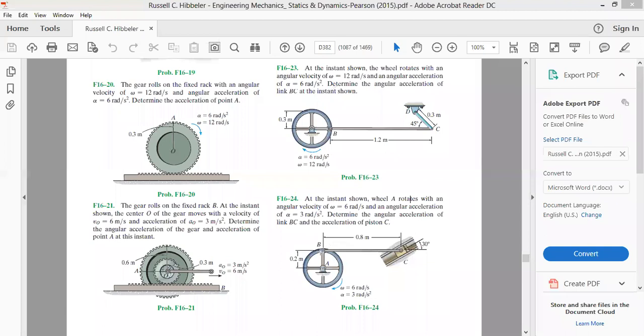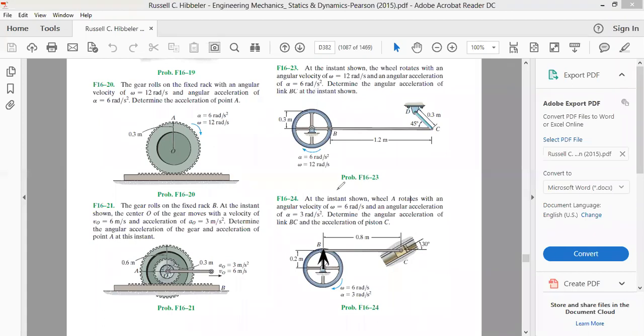Let's draw a vector from A to B. As we draw the vector from A to B, calculate the acceleration of B with respect to the acceleration of A. And you know, the linear acceleration of point A is 0 because point A is fixed. It is neither moving along the x-axis nor along the y-axis.